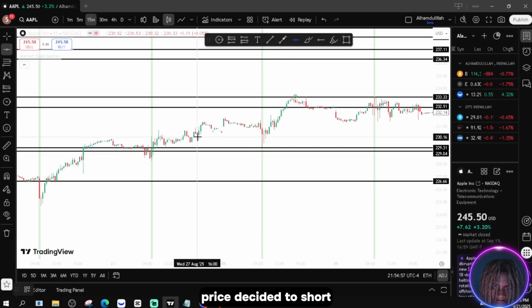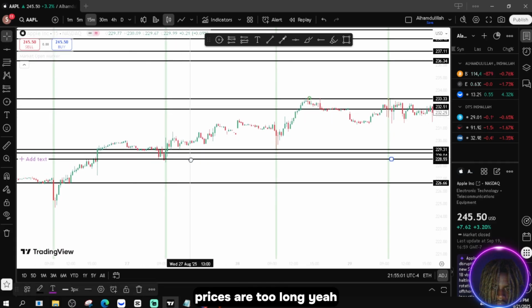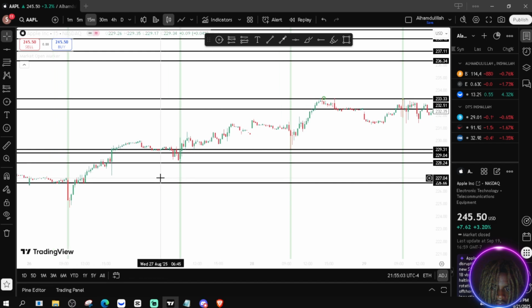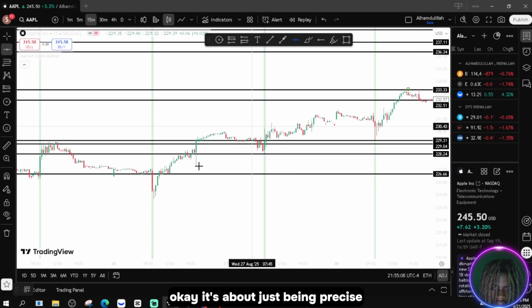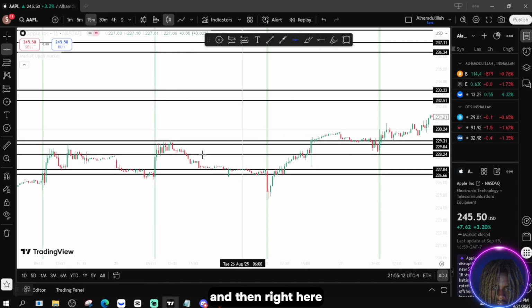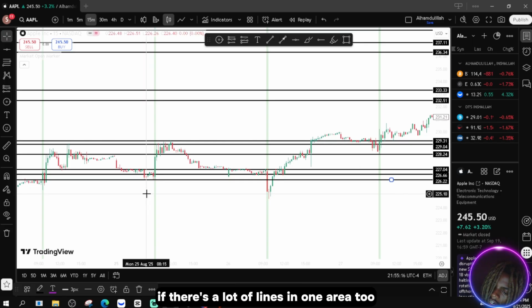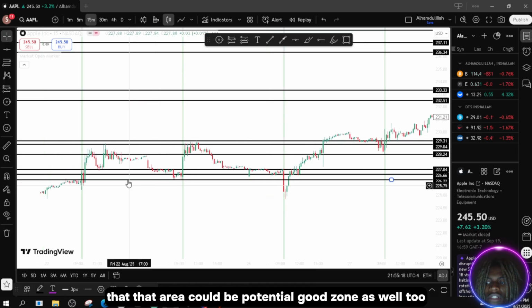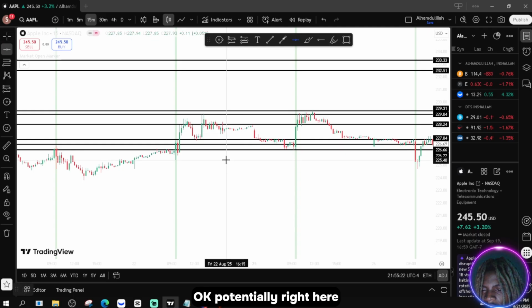Price decided to short. Actually, no, price decided to long. Okay, it's about just being precise for what we're looking at. Right here. And then right here. Okay, a lot of times if there's a lot of lines in one area too, that area could be a potential good zone as well. Okay, potentially right here.